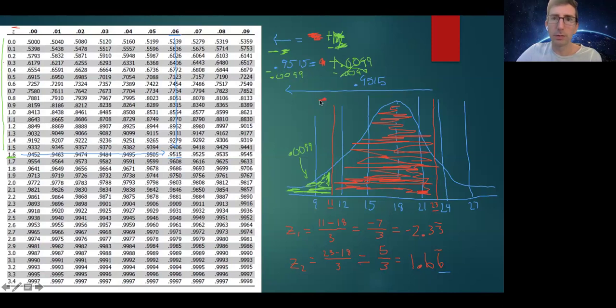So all we're left with, if we take this down a little bit farther, on this side of our equation is our red unknown, which is great. And if you just do 0.9515 minus 0.0099, I get 0.9416.